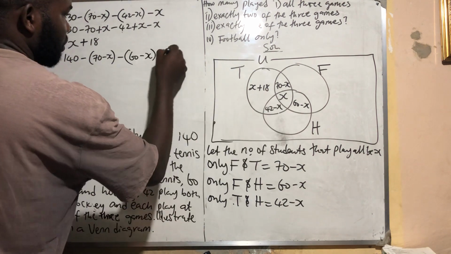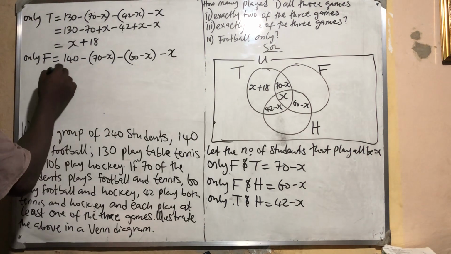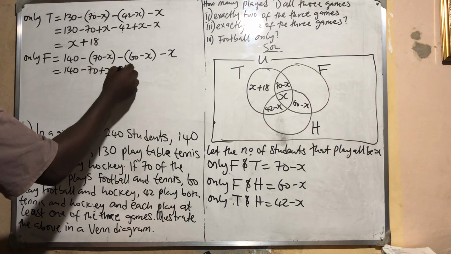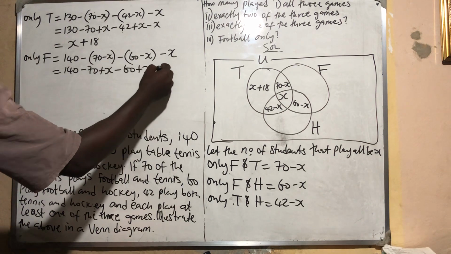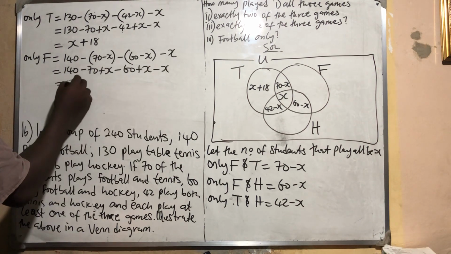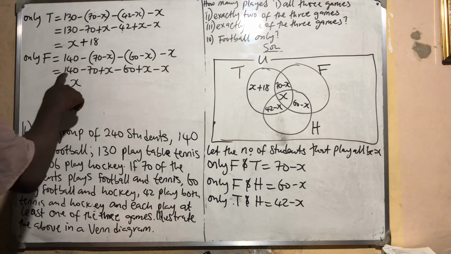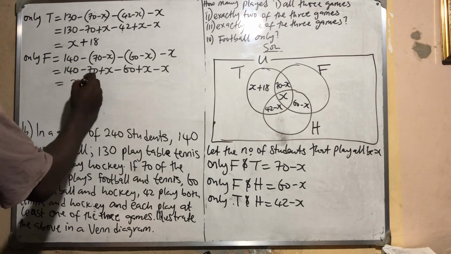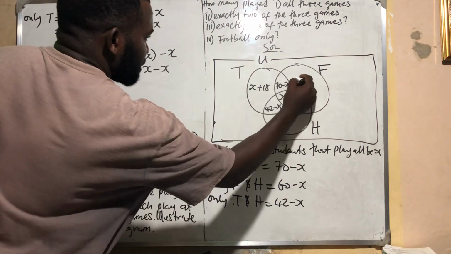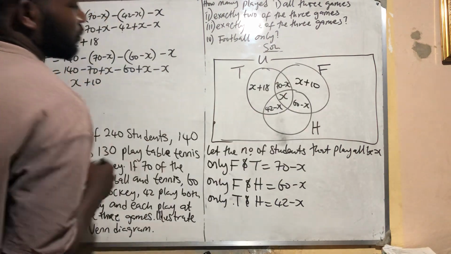And then the last person is what? Minus x. So what do I have now? 140 minus 70 plus x minus 60 plus x minus x. So these 2 are gone. I'm left with only this x. All right. So we now say this minus this will give you plus 10. Okay, so only football will now be what? x plus 10. You get that?